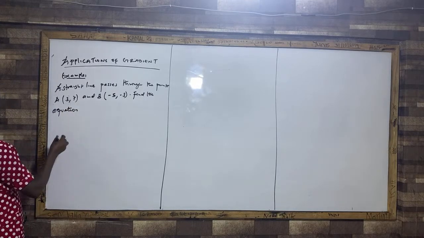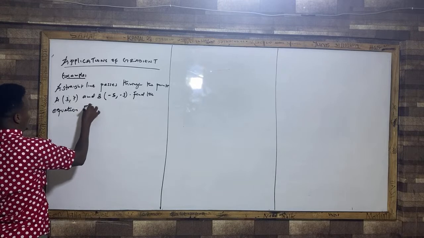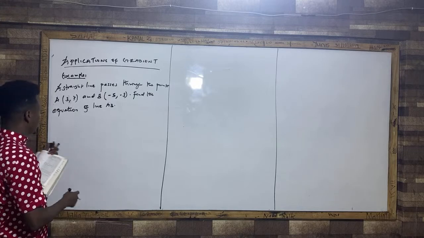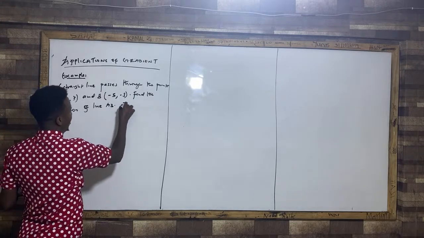Find the equation of line AB. Such kind of questions will carry 3 marks.